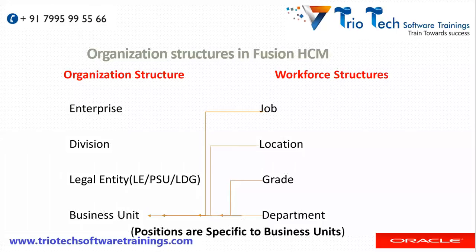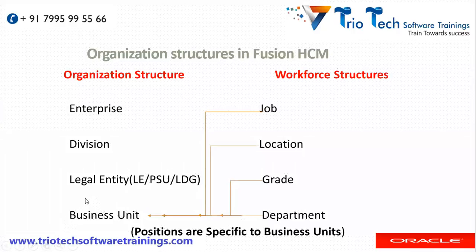So divisions, either it might be region wise or it might be the business specific of the client, right? So enterprise, we know that is the ultimate holding company of the client, and divisions, as I told, either on region wise we can categorize or business wise we can categorize.